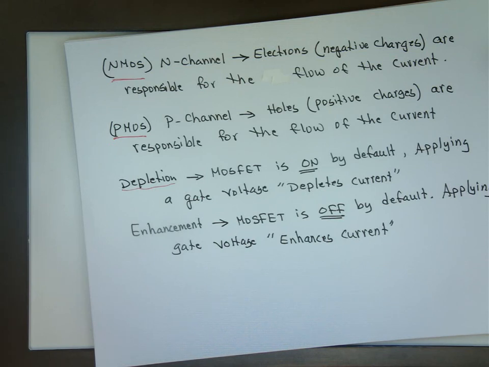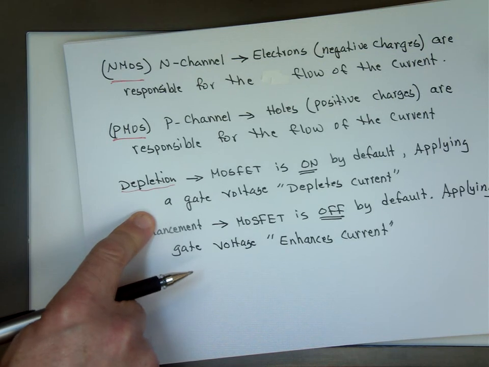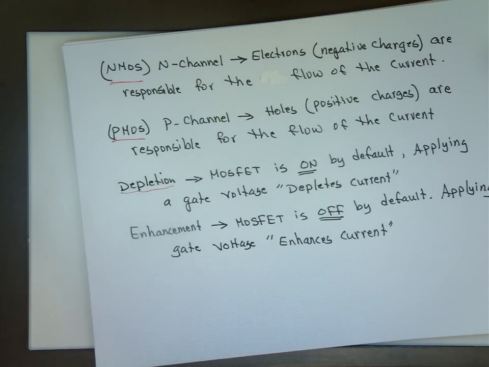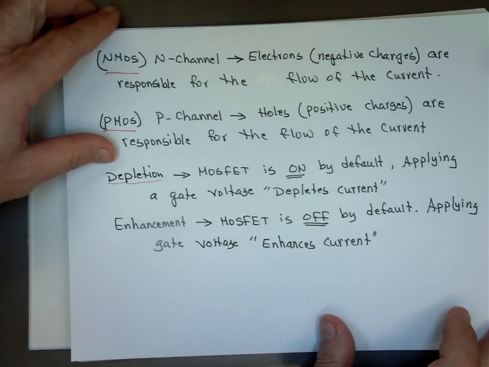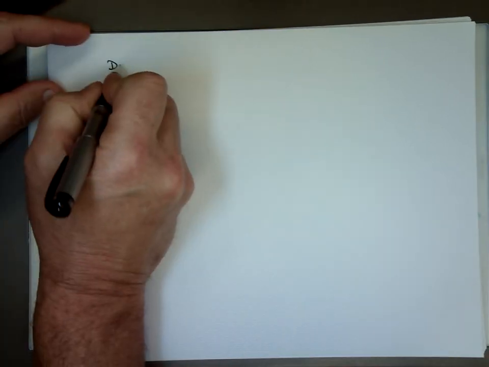So let's draw a picture and go through it and see what will happen. I'm going to look at depletion mode first, maybe N channel, but I'll just explain depletion mode in general. In depletion mode, we always call that D-MOSFET.